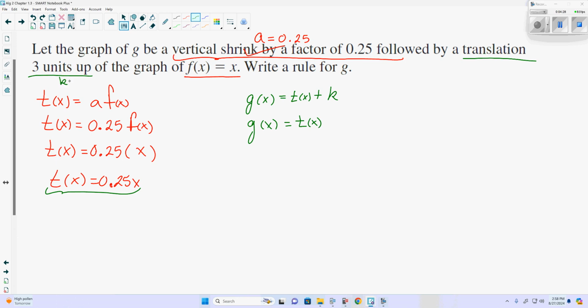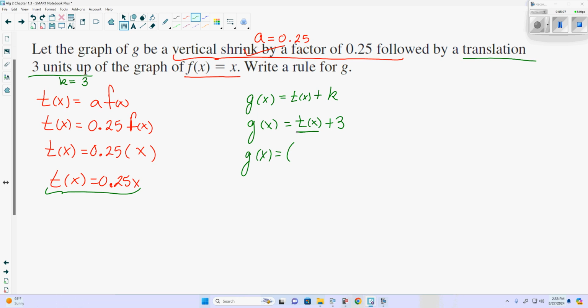Now our value of k for this here is 3 units up, so k would be 3. Now would it be positive or negative? Positive because we're going up. So we replace k with its value of plus 3. Now, since we plugged that in, we'll plug in our T of x, or technically we're replacing every x in T of x with x, which really doesn't do anything.